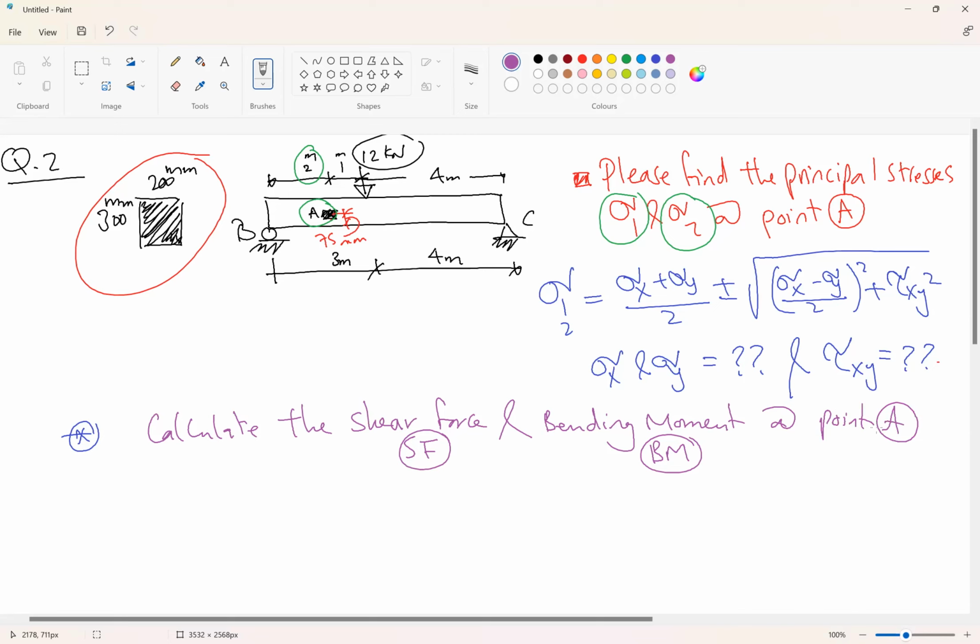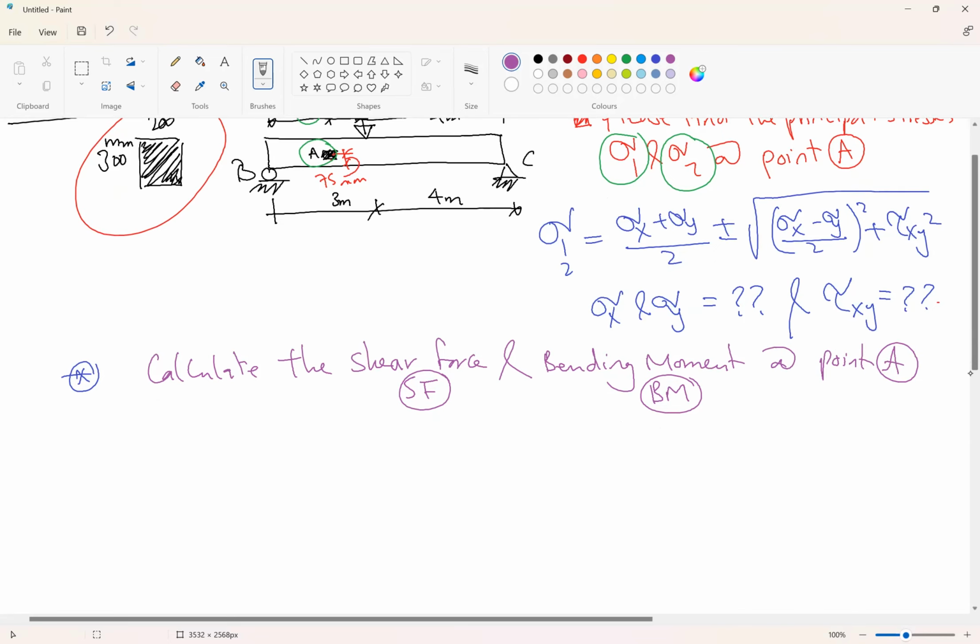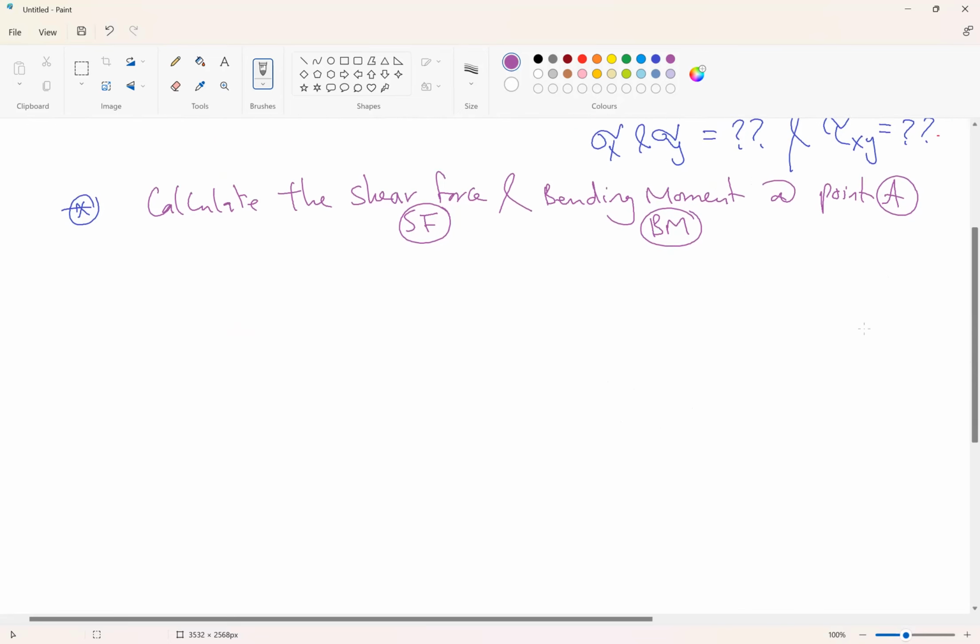To calculate them at point A, first of all, this is our beam, 12 kilonewton, 3 meter, 4 meter.